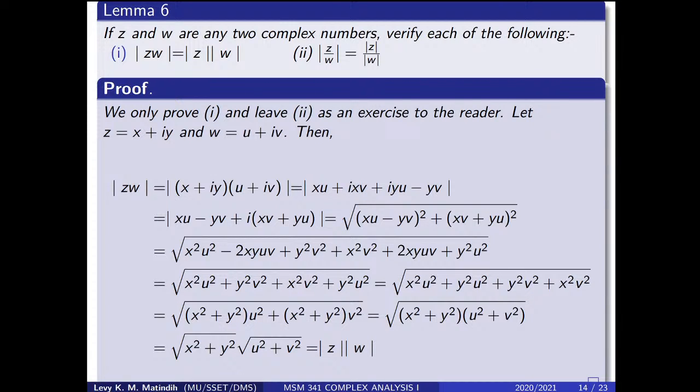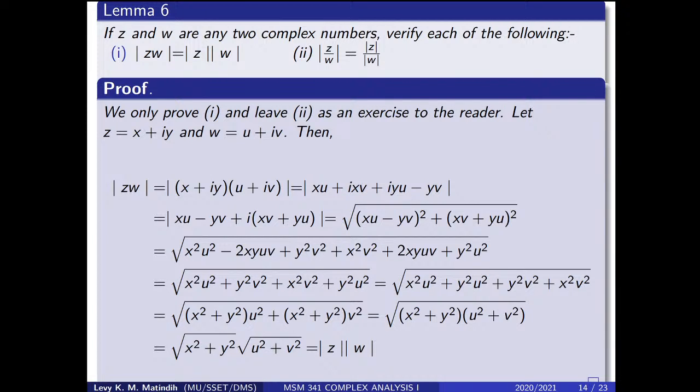If we expand whatever is inside this modulus, what you're going to get is xu plus ixv plus iyu minus yv. If we collect the real parts and the imaginary parts, what you're going to get is the modulus of xu minus yv plus i multiplied by xv plus yu.